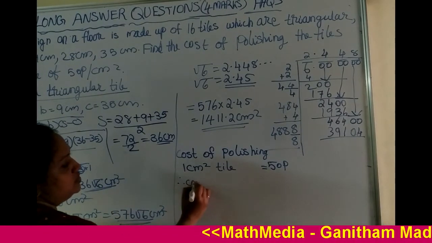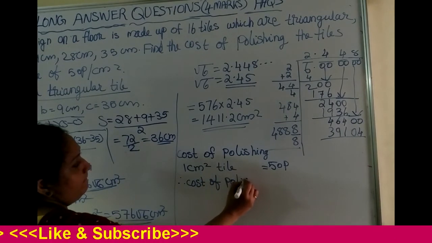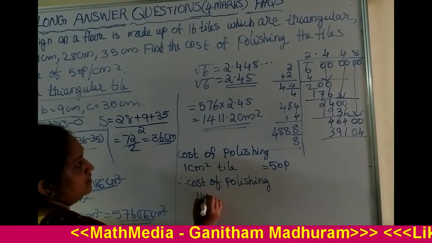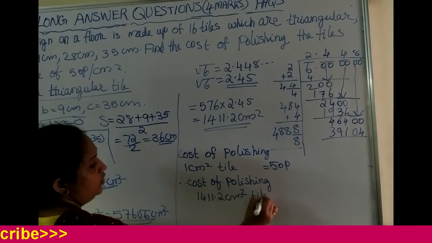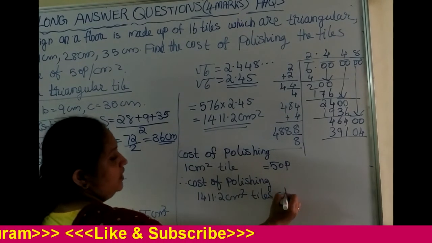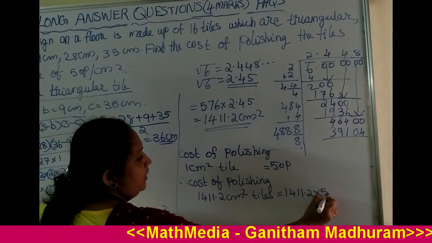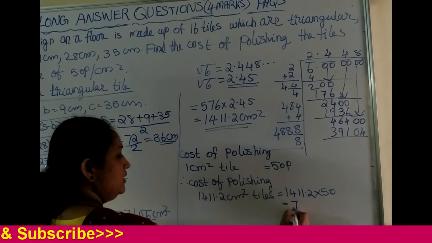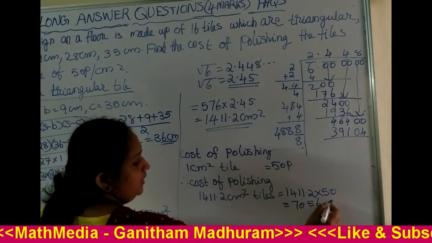So the cost of polishing 1411.2 centimeter square tiles equal to 1411.2 multiplied by 50, that is equal to 70,560 paise.